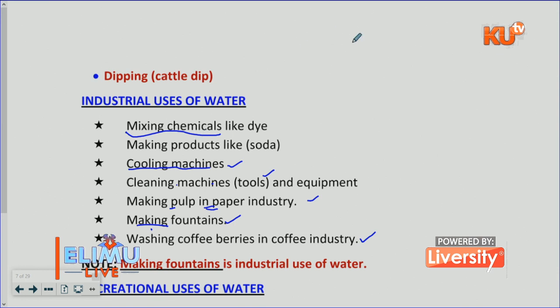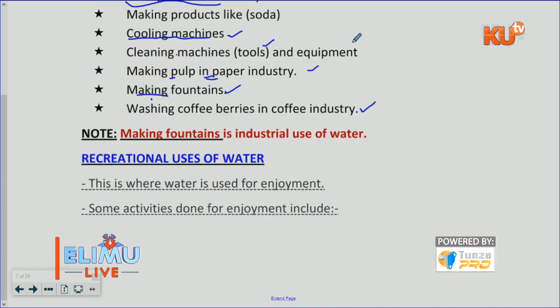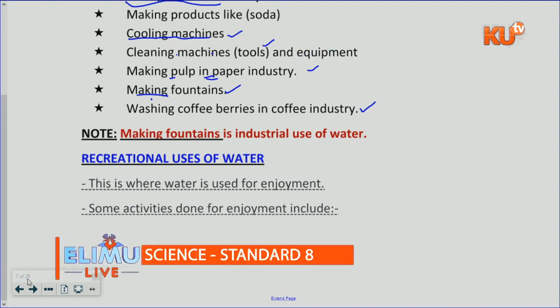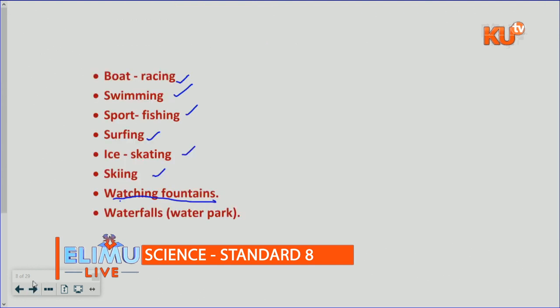When I come on this one, to watch, you will find it is a use of water in recreational use. Okay, I'm coming back there. Yeah, here it is, watching fountains.